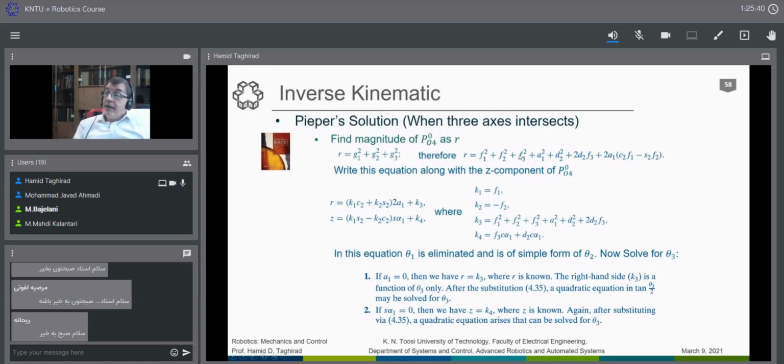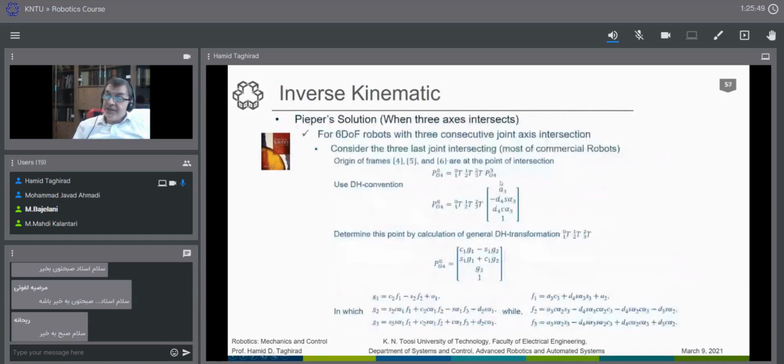But we can write this equation along the Z component. This will make it easy. As you see here, the Z component is much easier. These two, S1 and S2, depend on theta 1, theta 2, and theta 3.